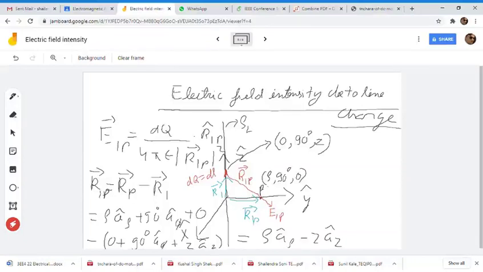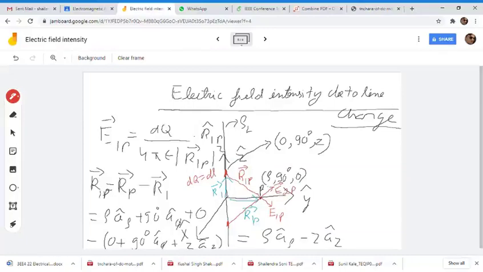Okay, now if we take a charge that is equidistant from the origin but in the negative z direction, what will be the electric field at this P point? We need to consider the whole line charge, so we are taking just the negative of that. So here the electric field will be E2P, very simple.